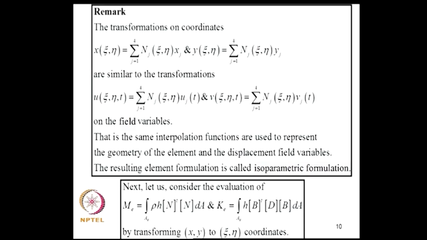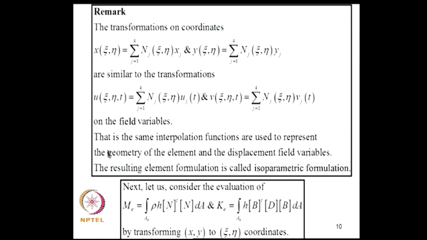So, these transformations of coordinates, that is x of psi comma eta in terms of n and nodal values of x, and nodal values of y for y, are quite similar to the transformation on the field variable. This is what I have been pointing out. This is the field variable, uj of t are the nodal values which are the degrees of freedom in our finite element model.